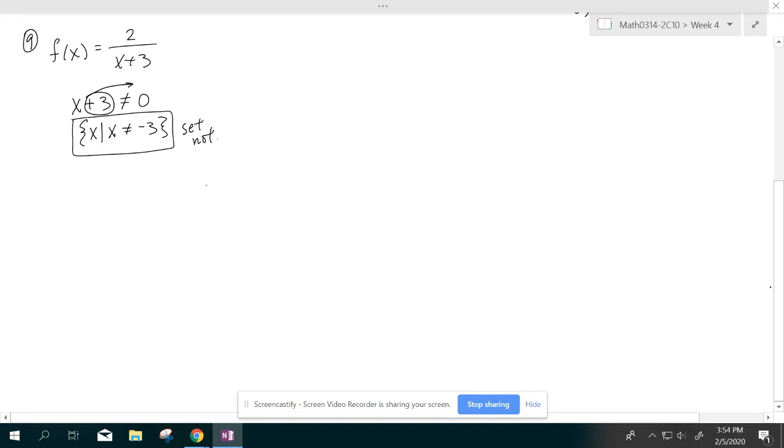Now, let's look at that with interval notation. I'm going to ask you a question before I do it. Can x be any number but negative 3? Yes. And so the way we say that, x can be anything from minus infinity all the way up to minus 3, but not including negative 3, or anything on the other side of negative 3 to infinity.